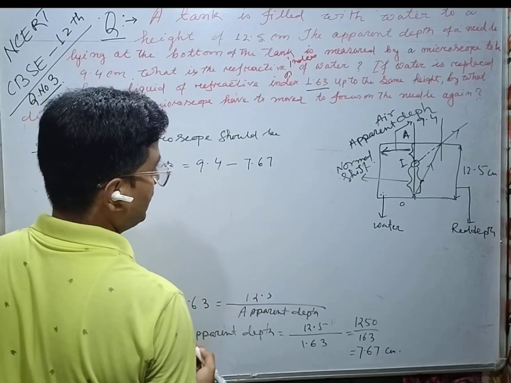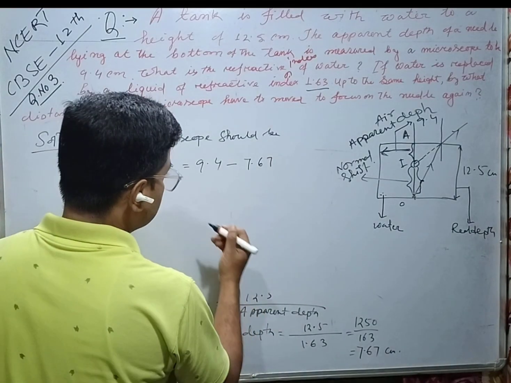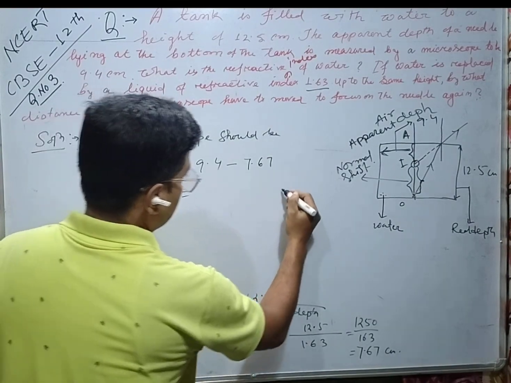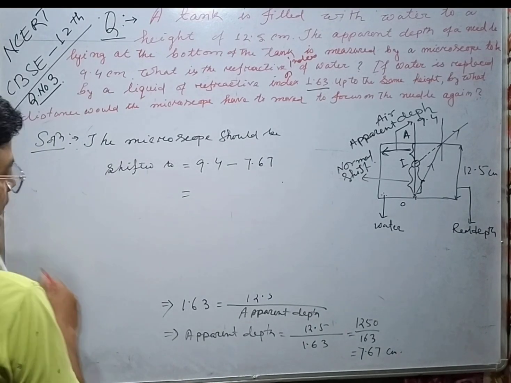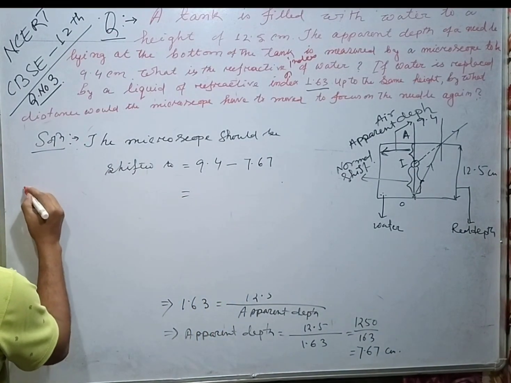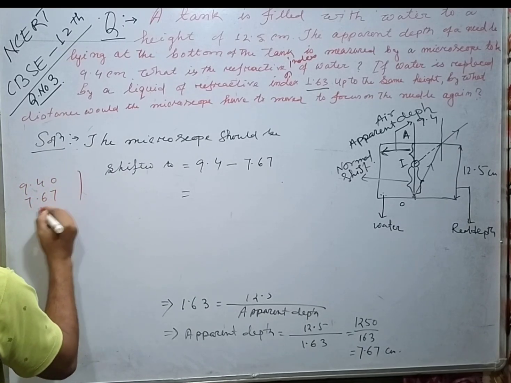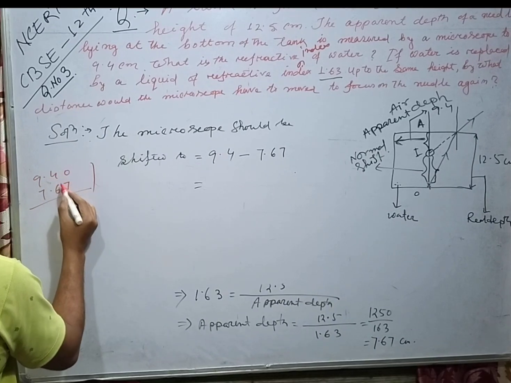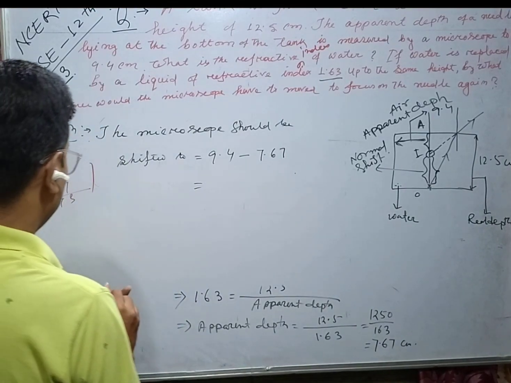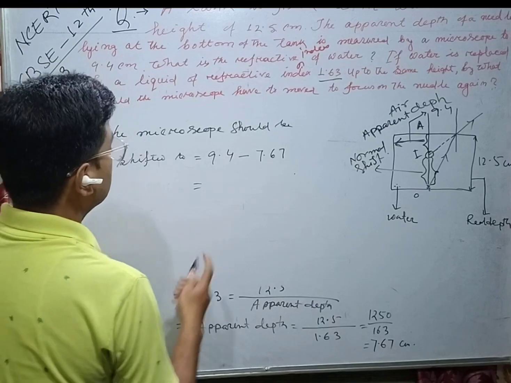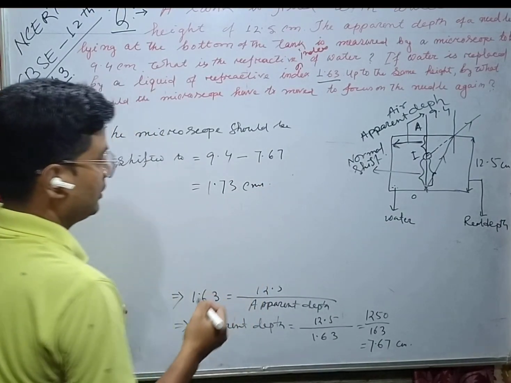For the first case, the apparent depth is 9.4; for the second case, it is 7.67. Subtracting 7.67 from 9.4, we get 1.73 centimeter.